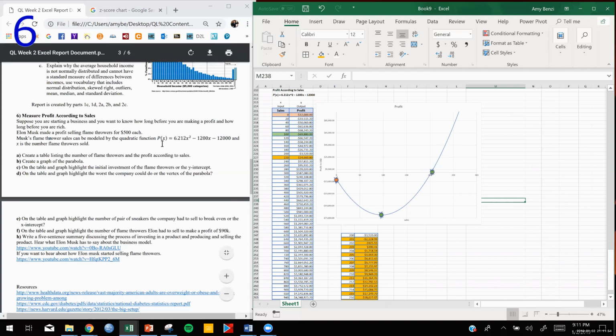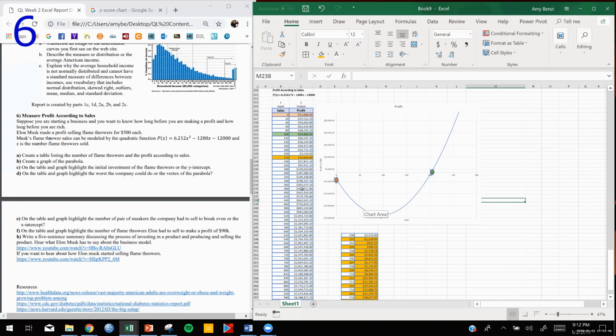Now, the last thing that it asks us to find is where Elon had to sell. How many flamethrowers did Elon have to sell to make a profit of 90,000, 90K, 90 grand? So I'm going to look at my chart over here and try to see where is 90,000.